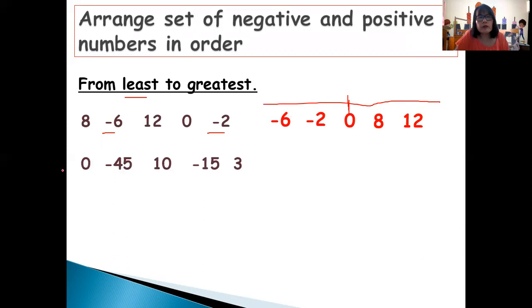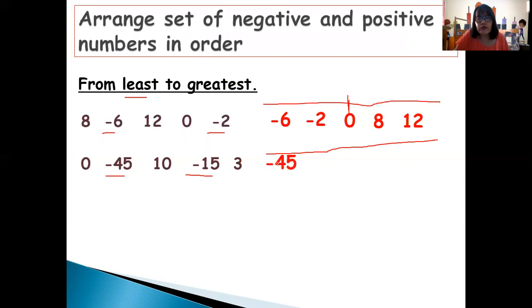Now, as I said, you have to take first the negative numbers because it is from the least to the greatest, from the smallest to the largest. So if we will draw our number line here, which one should be here, the smallest, farther from 0? Either -45 or -15. Which one? You are correct. It's -45.